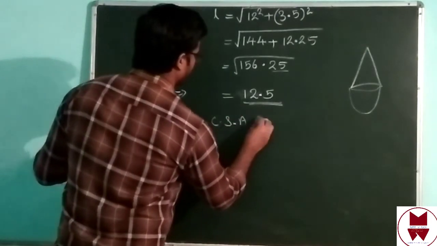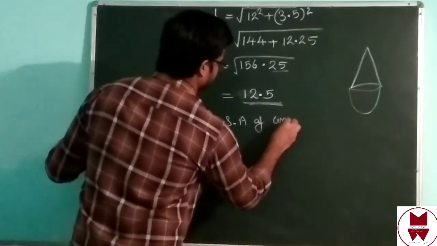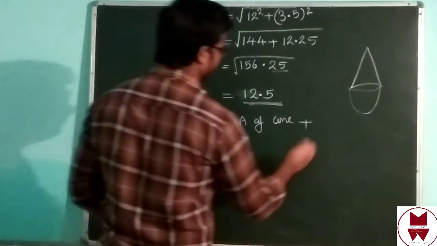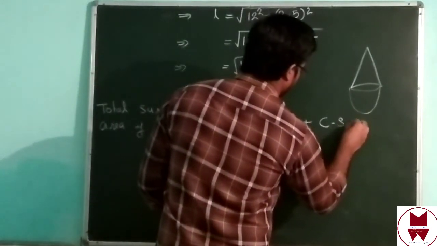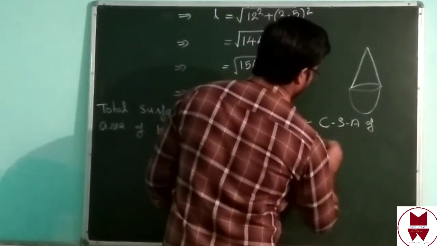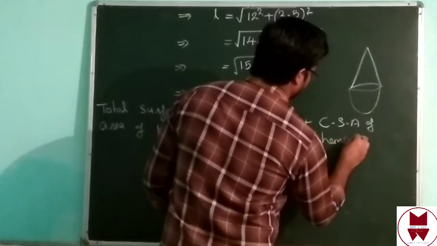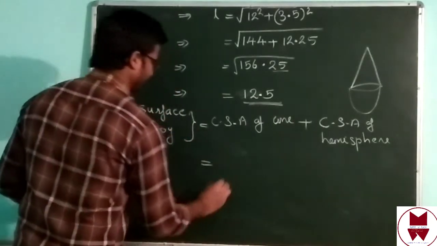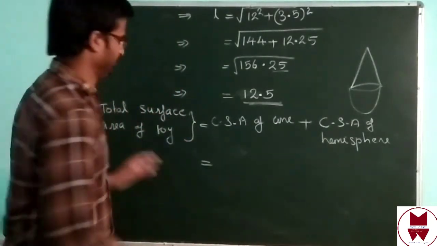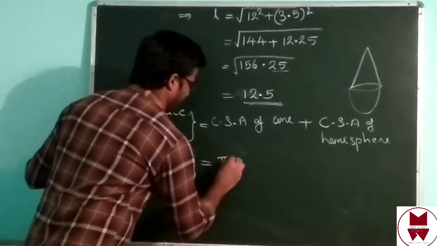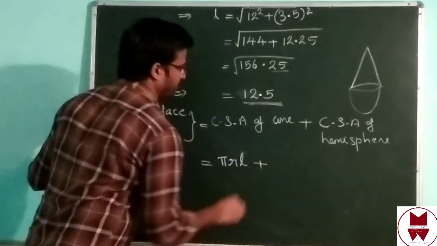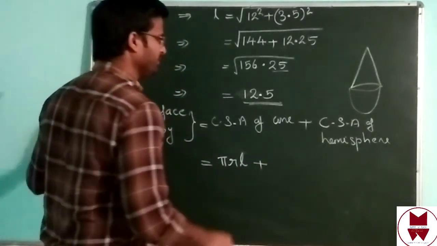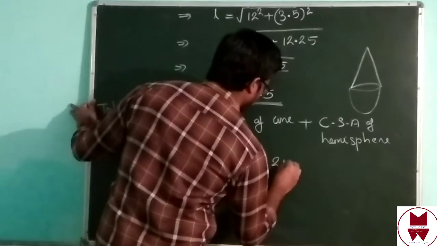CSA of cone plus CSA of hemisphere equals CSA of cone, that is pi r l, plus CSA of hemisphere is 2 pi r square.